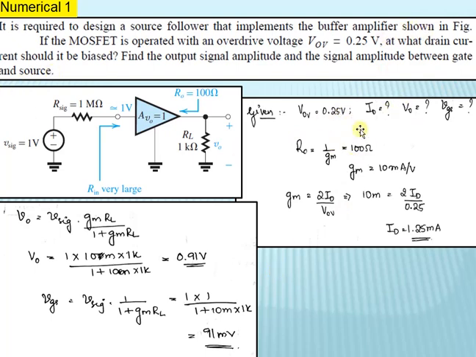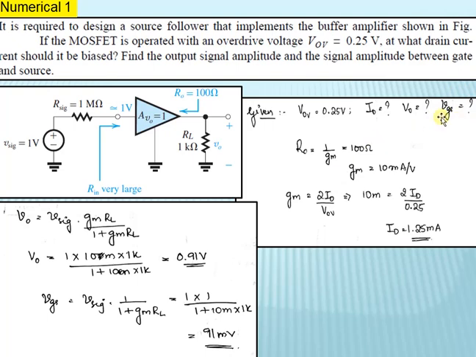So in the question, they have given you the value of the overdrive voltage. They are asking you to find the drain current at the bias point, the output voltage, and the voltage between the gate and the source.